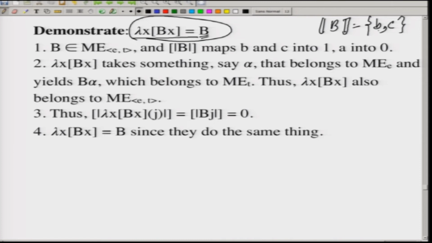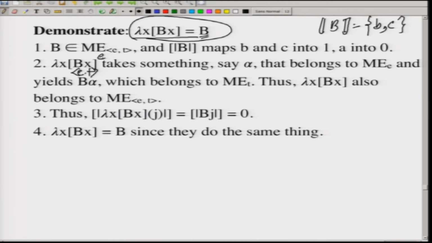Now, lambda x b x takes something, say alpha, that belongs to M e, because if this is e to t, it has to take e only, nothing else, and yields B alpha, which is t, which belongs to M t.